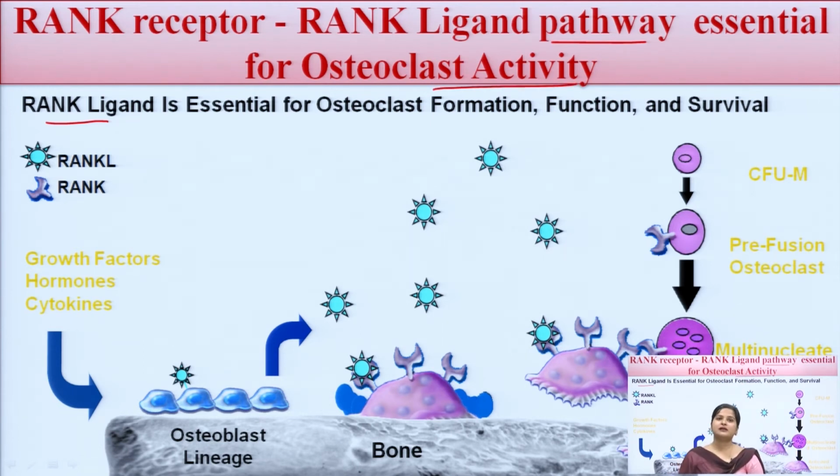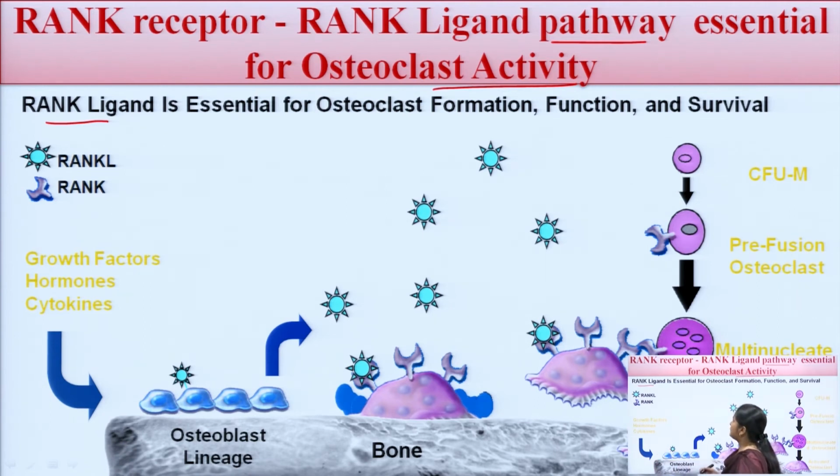Why? Because if the osteoclast activity does not perform, what happens at that time? The bones continuously form, and in that condition the bones become irregular in shape, right. So, this RANK pathway is important for the proper structure of the bone.